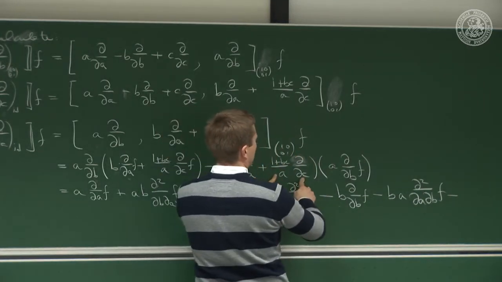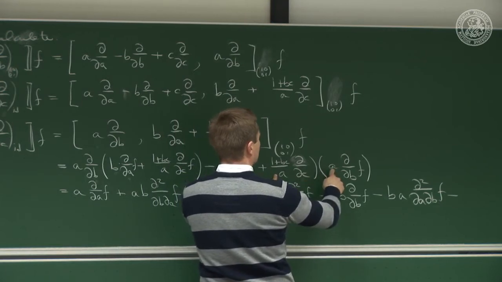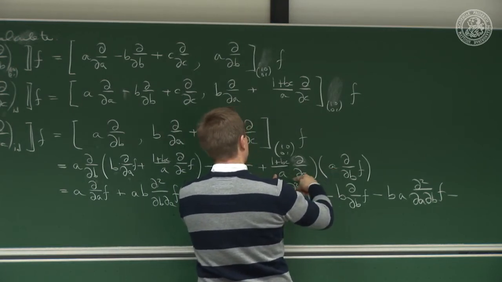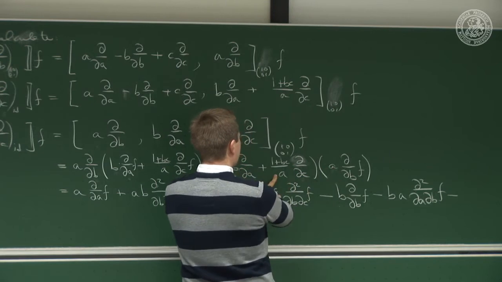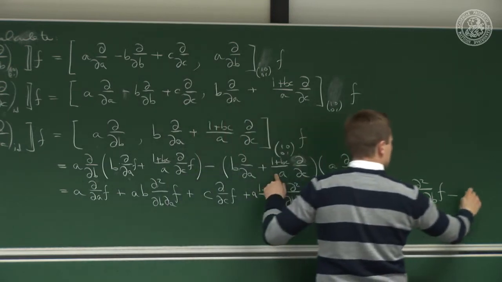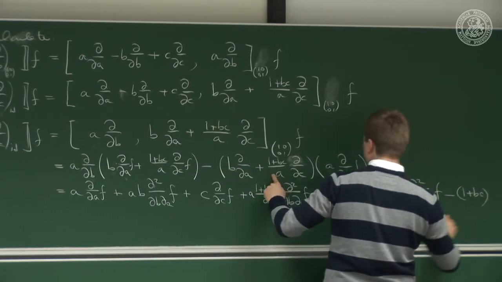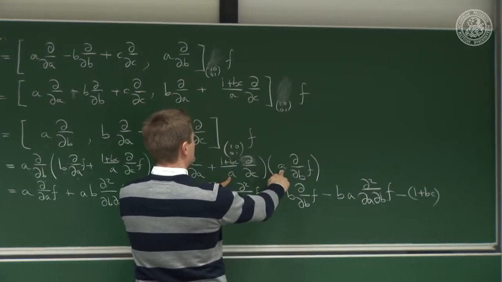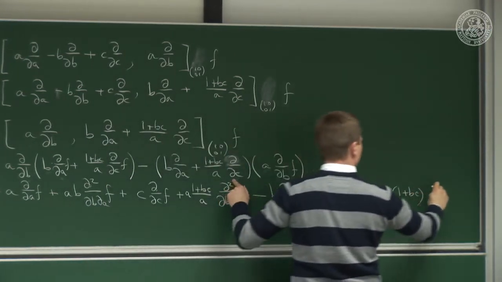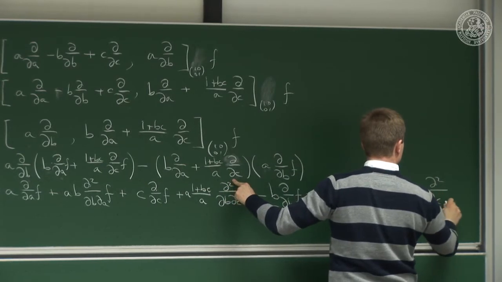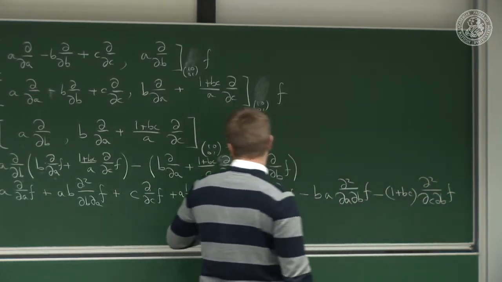Now you don't need the product rule here because the first factor doesn't contain a c, so you can pull it out immediately. So that's minus 1 plus bc, the a here cancels, and then del 2 del c del b acting on f.